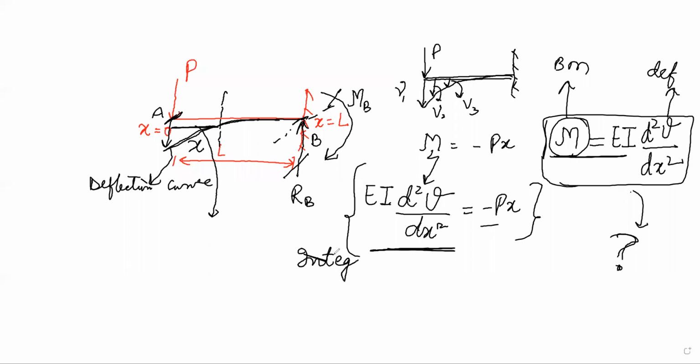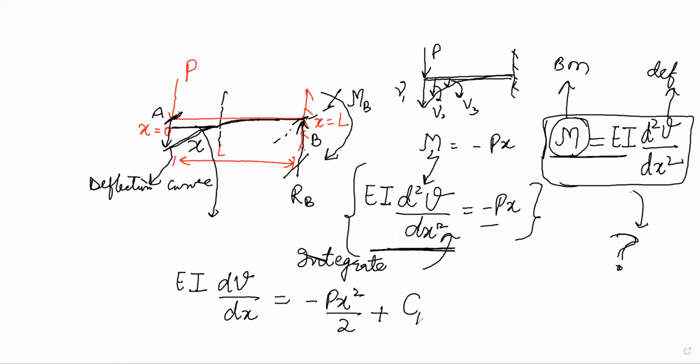Once we integrate, we write EI times the integral of d2 nu by dx2, that is d nu by dx, is equal to the integral of minus Px, that is minus Px square by 2 plus a constant of integration, c1.